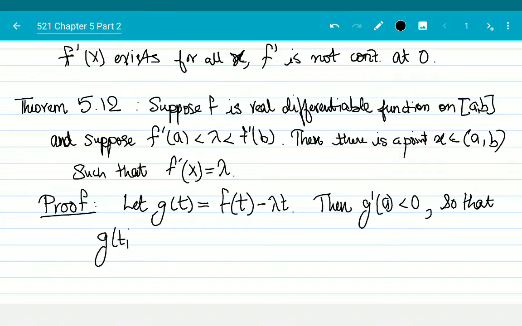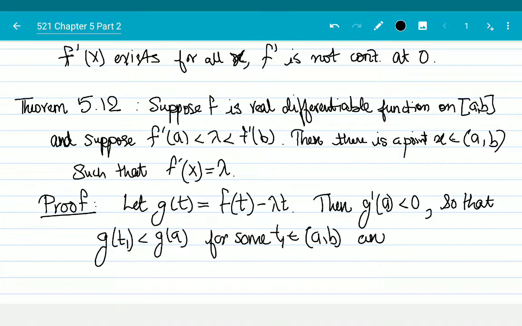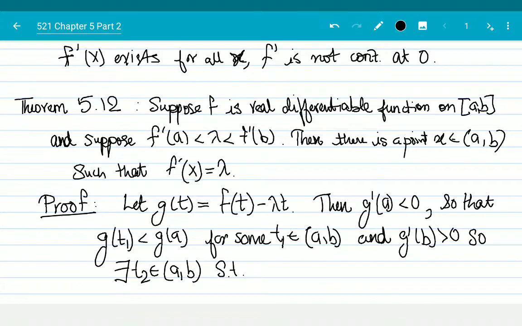So g of t1 is smaller than g of a for some t1 belonging to (a, b), and g prime of b is greater than 0. So there is some t2. So there exists t2 belonging to (a, b) such that g of t2 is smaller than g of b.